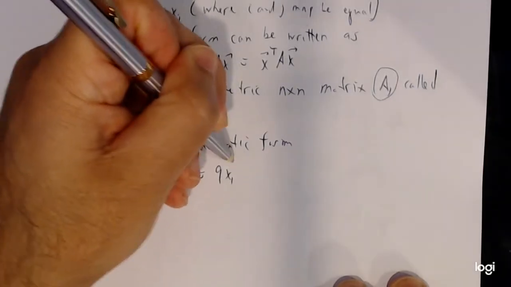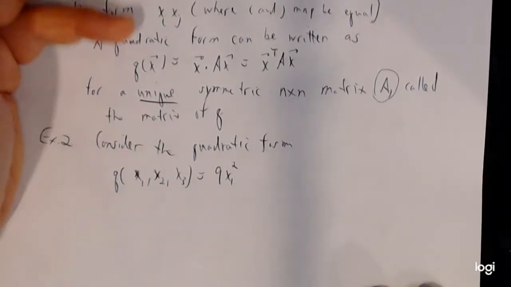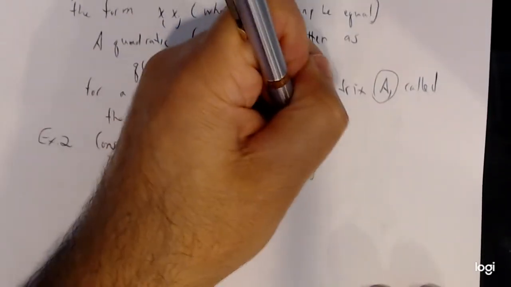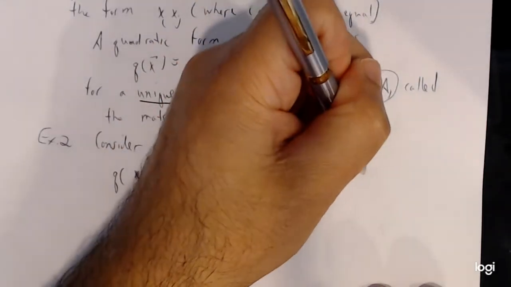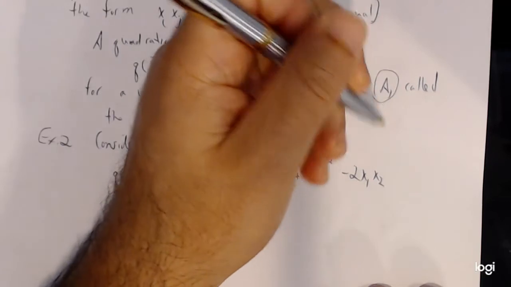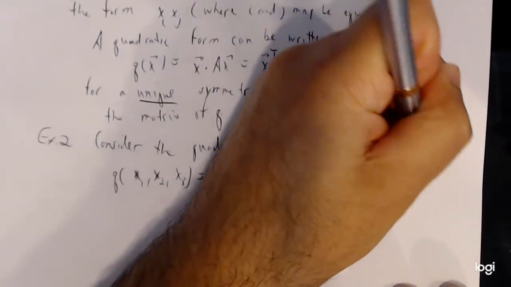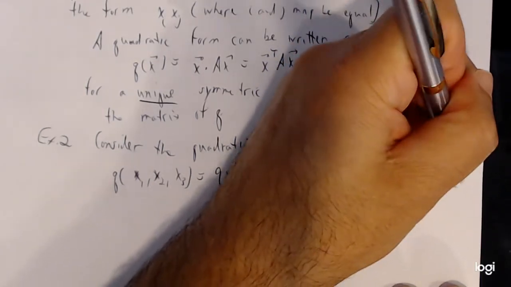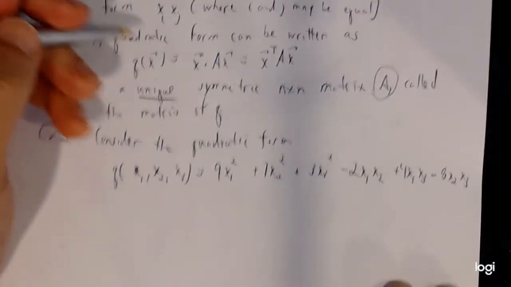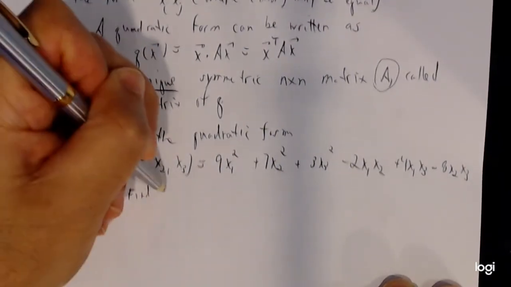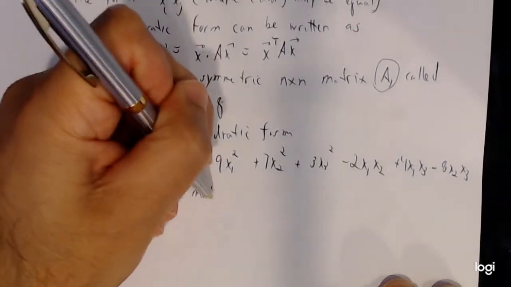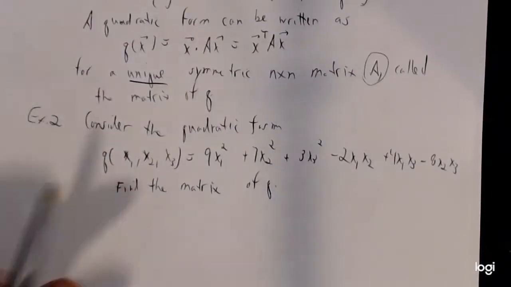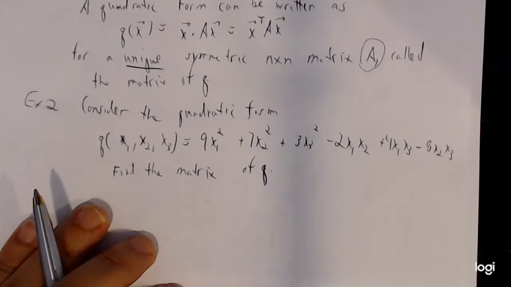So it'll be 9x sub 1 squared, and see, this is x sub 1 times x sub 1, plus 7x sub 2 squared plus 3x sub 3 squared minus 2x sub 1 x sub 2 plus 4x sub 1 x sub 3 minus 8x sub 2 x sub 3. So then we're going to say find the matrix of Q.